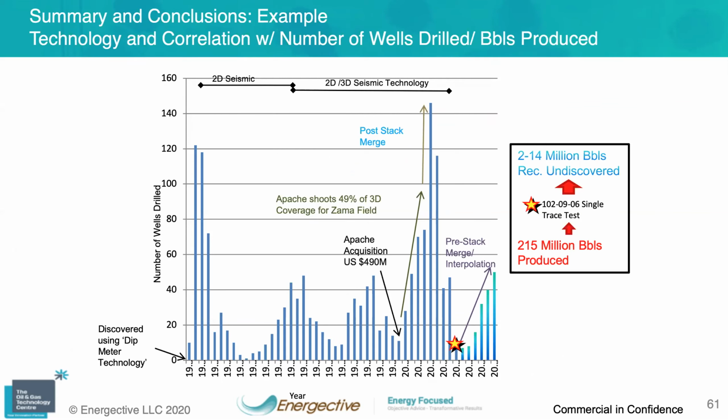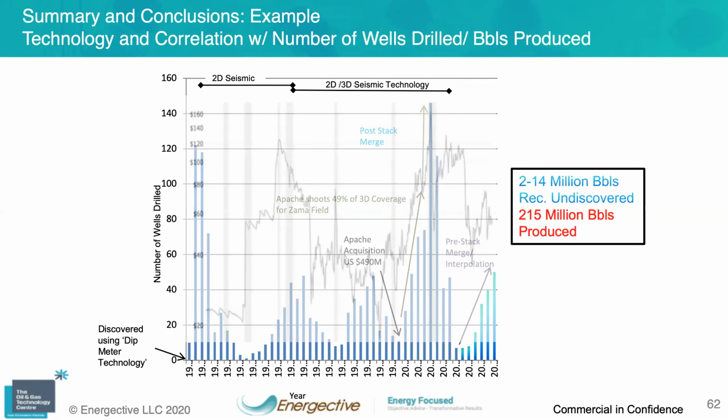Since then, 49% of the field has been covered in 3D, which is what we're calling the first technology wave, followed by post-stack merge technology, which we're calling the second wave, and then pre-stack merge technology and 5D interpolation technology. When we overlay these trends with historical oil prices, we see there's a direct correlation between low oil prices and an implementation of new technologies, and the ramp up of wells drilled as that technology becomes efficient.